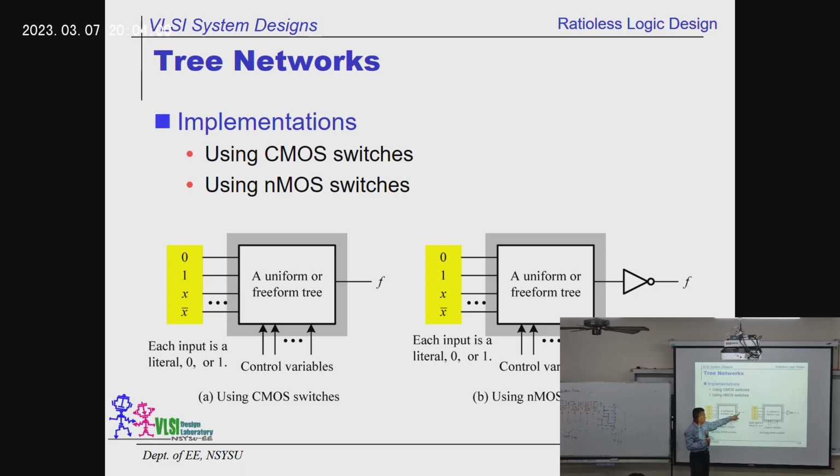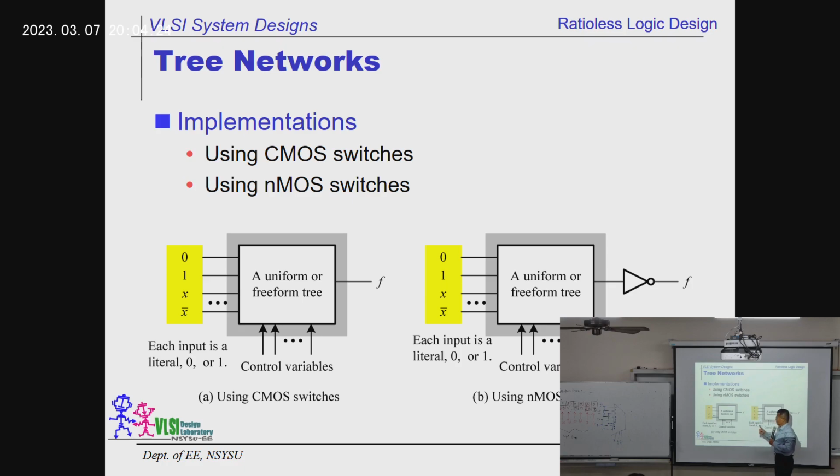So you don't have to bother to do this. If you use only the NMOS switch, you are going to have a voltage drop at the end of your pass. You will get at most VDD minus VTH. So you have to have an inverter or buffer at the output to pull it back to VDD so that you have a full swing.